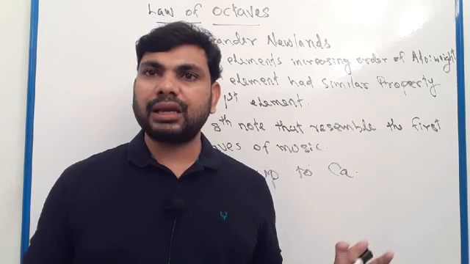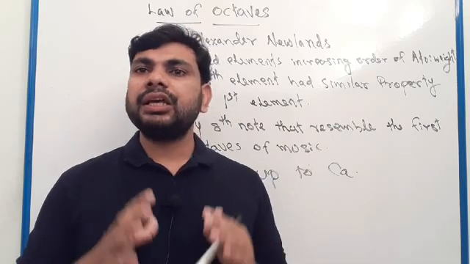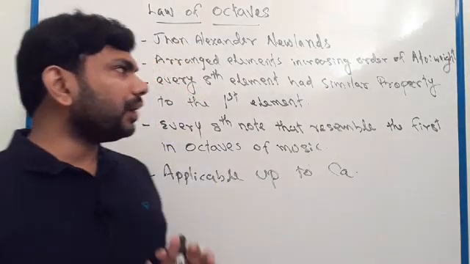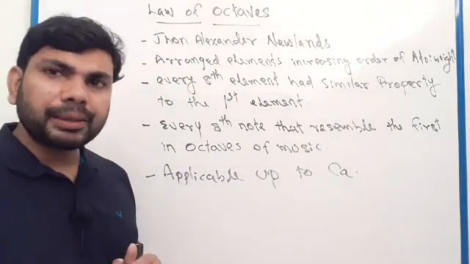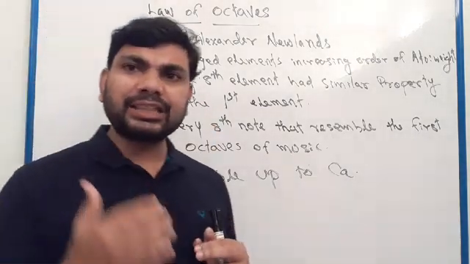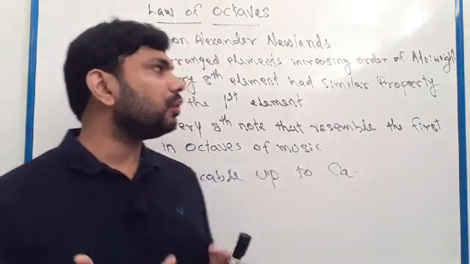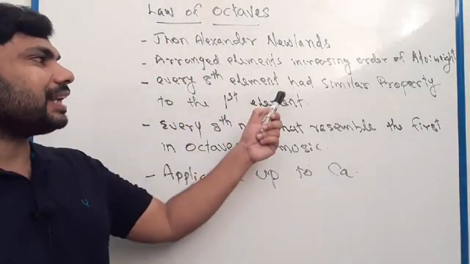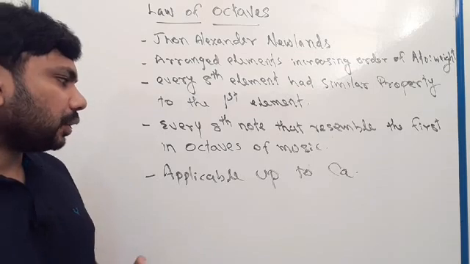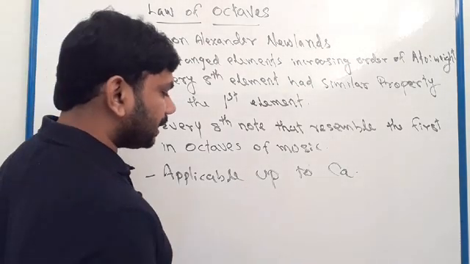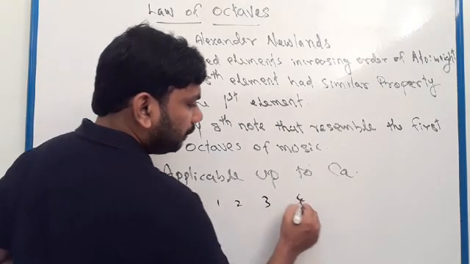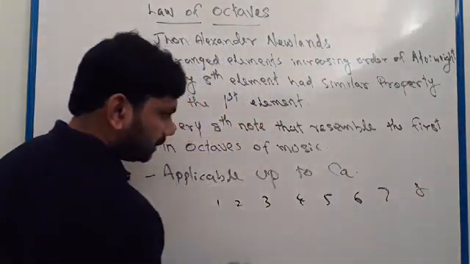There were different types of elements at that time, and he arranged them according to their atomic weight. When he arranged them, he noted that every eighth element had a property similar to the first element. Imagine Newlands arranged the elements according to their atomic weight: 1 2 3 4 5 6 7 8.